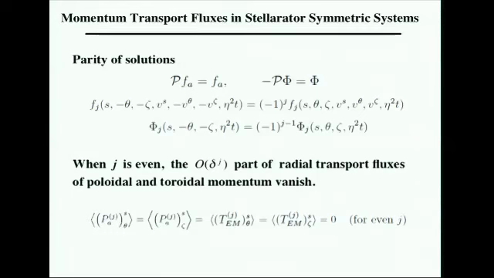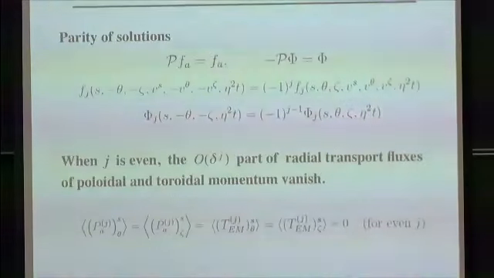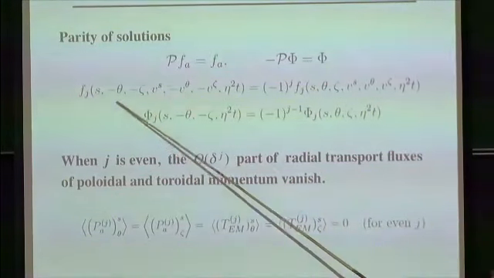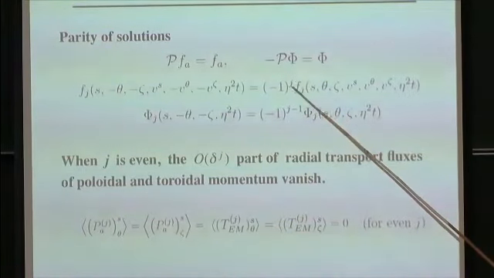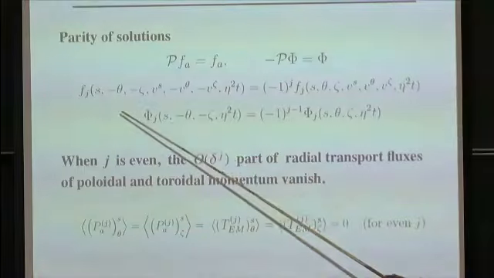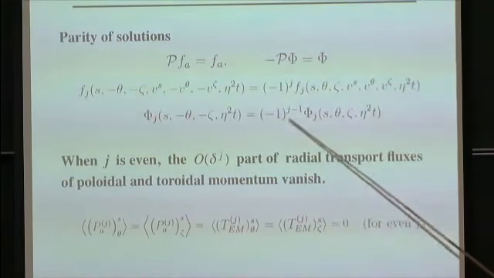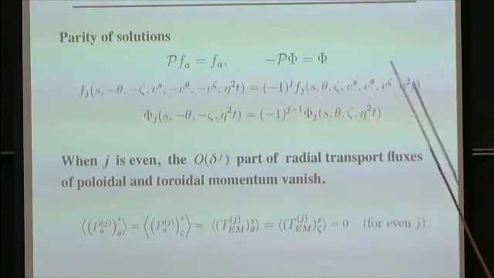Also, if we explicitly expand this function like this, each order of delta^j has this parity. If we have an even number of j, then the distribution function is an even function and the potential function is an odd function with respect to the change of the sign of the toroidal angle.